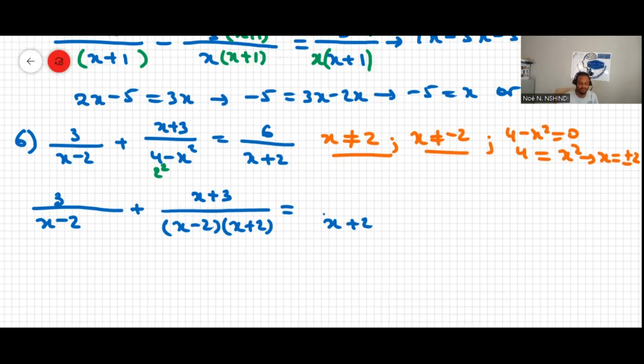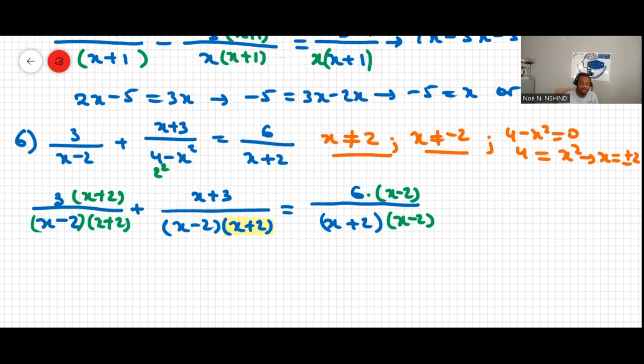There is x plus 2 under 6. Now, I need to make the LCM. I notice that what is missing here is this part. So I multiply here by x plus 2, and also by x plus 2. On the other side, what is missing is x minus 2, so I multiply that by x minus 2, and also by x minus 2.